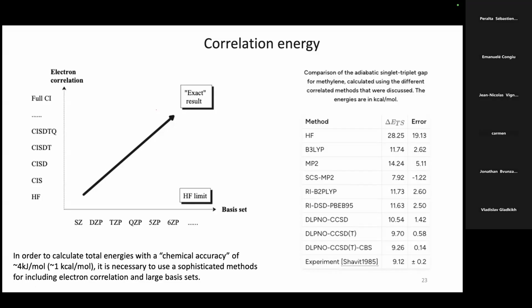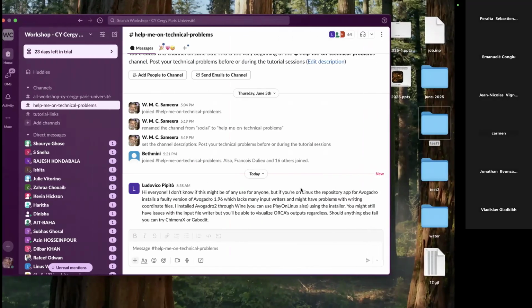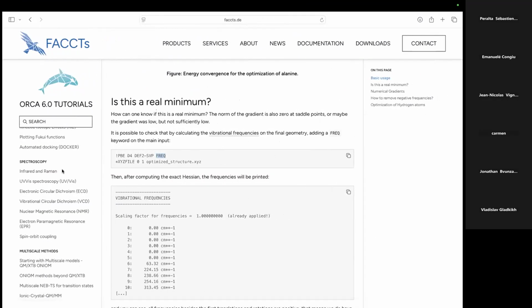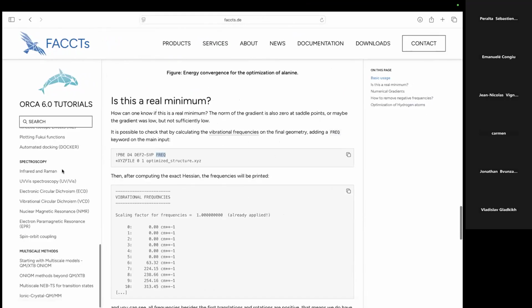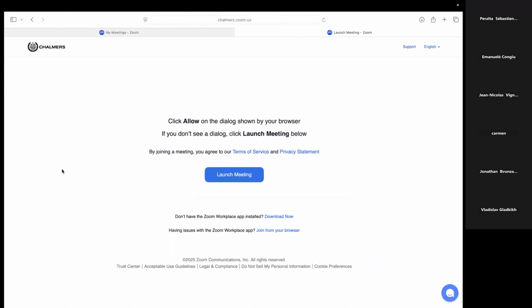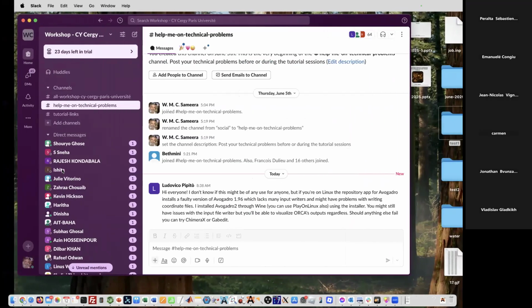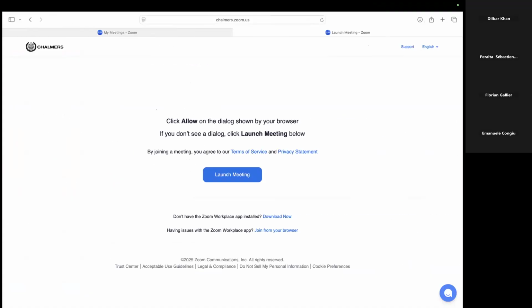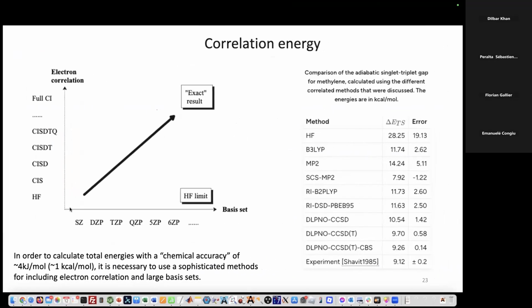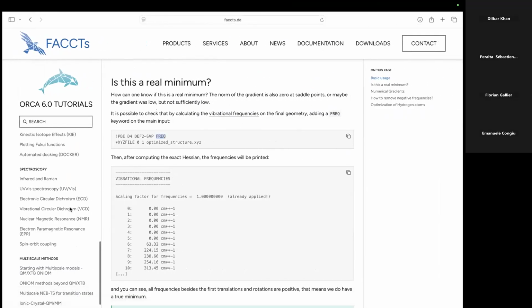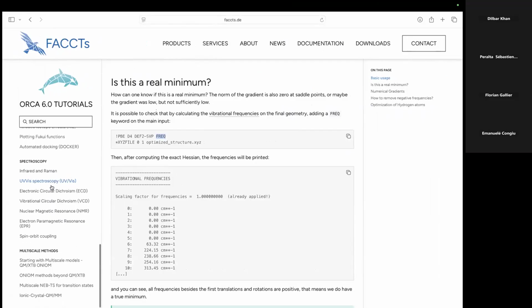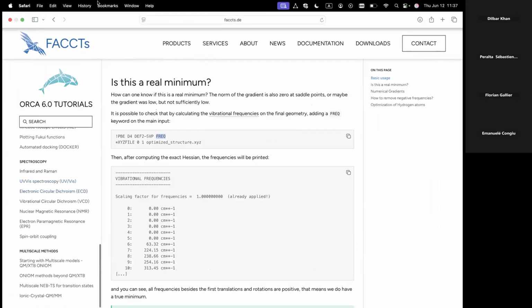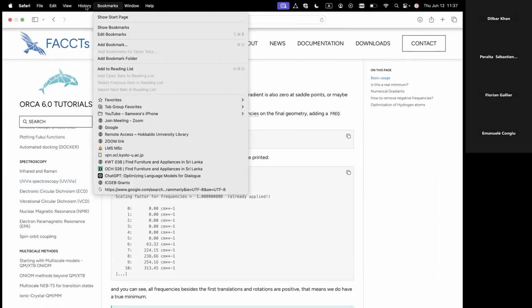You can do this by yourself. You don't need my help. If we go into the input files, maybe we can discuss a little bit about them. Let's find the tutorial. The correlation energy tutorial is in the old one.